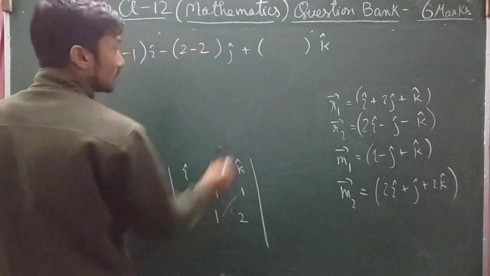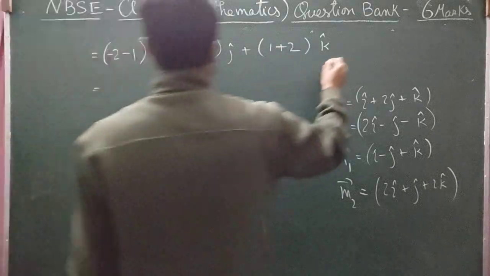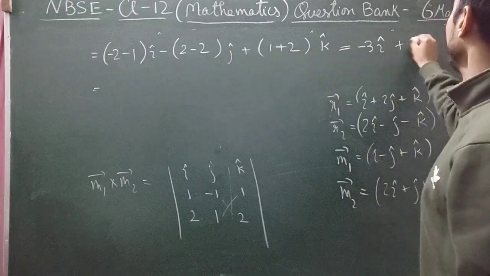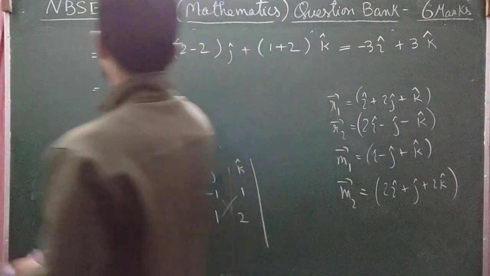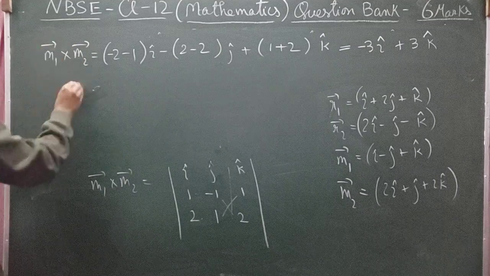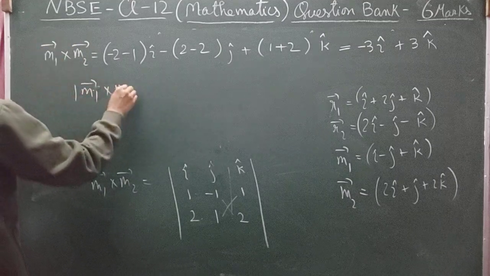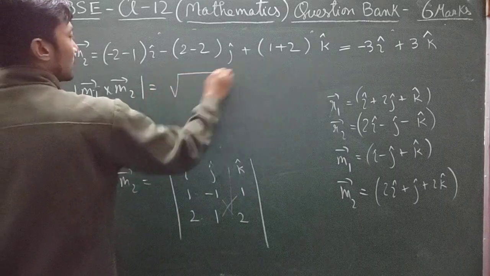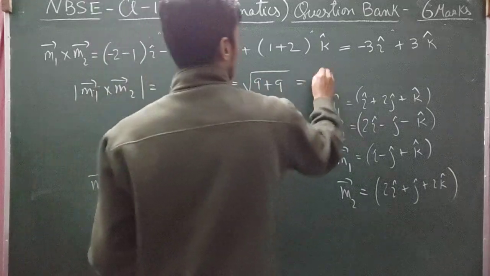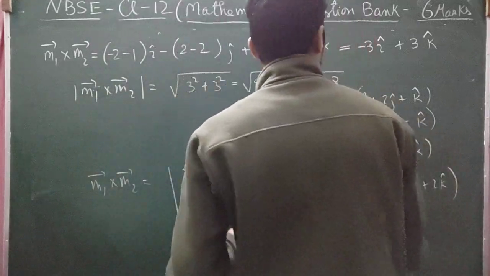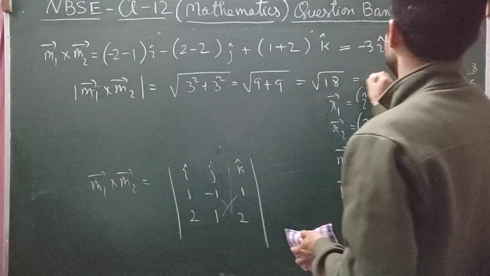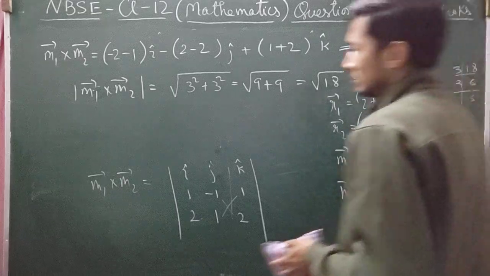Next is 1, minus, minus, plus 2. So that's going to be minus 3i, this is 0, plus 3k. So that's m1 cross m2. Its magnitude, which we will also need again, is root of 3 square plus 3 square, so 9 plus 9, that's root of 18, which is 3 root 2.